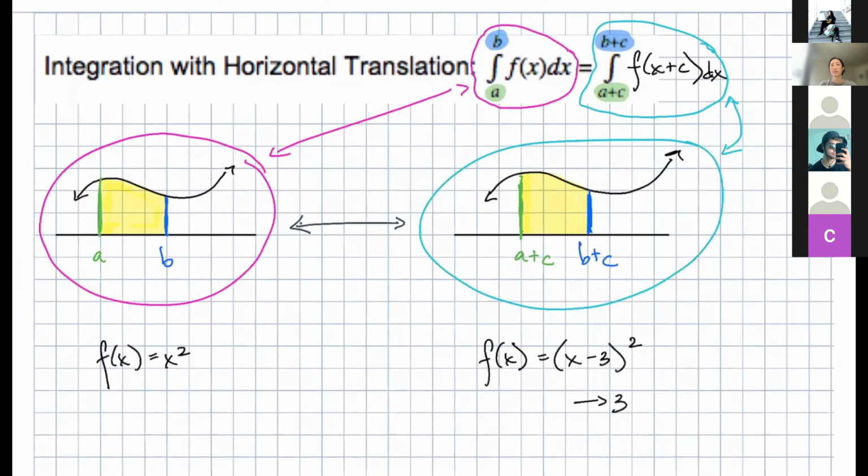I agree. I think that this one, if I had thought about it more in advance, I would have drawn them on the same one. That's fine. All right.